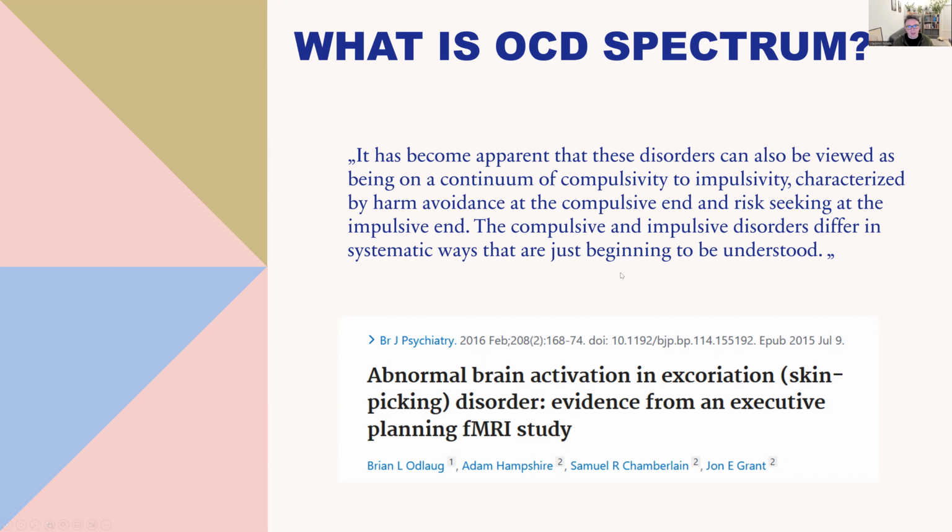So I like the fact that there is this concept of the OCD spectrum for several reasons. As you will see when I talk about the most common forms of OCD, it's sometimes very difficult to distinguish between what you could call normal behavior and what would be OCD. And also, within what we include in the OCD spectrum, they overlap. So sometimes you will actually have people who have body-focused repetitive behaviors and OCD concurrently.